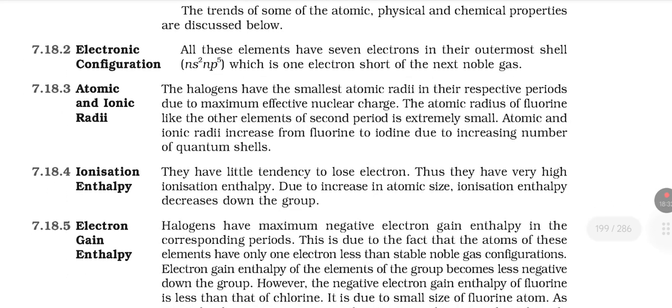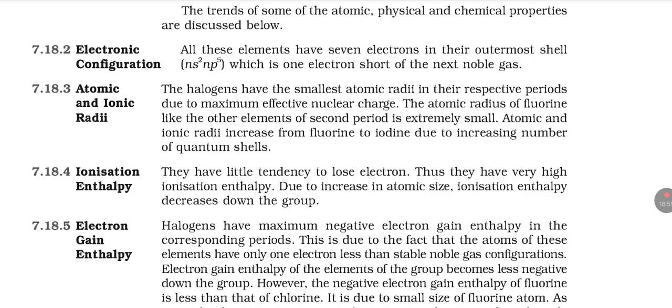Electronic configuration. All these elements have 7 electrons in their outermost shell, ns2 np5, which is 1 electron short of the next noble gas. Atomic and ionic radii. Halogens have the smallest atomic radii in their respective periods due to maximum effective nuclear charge.